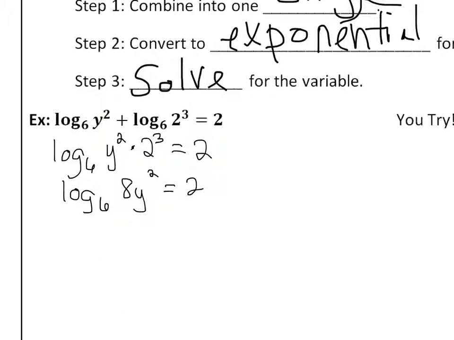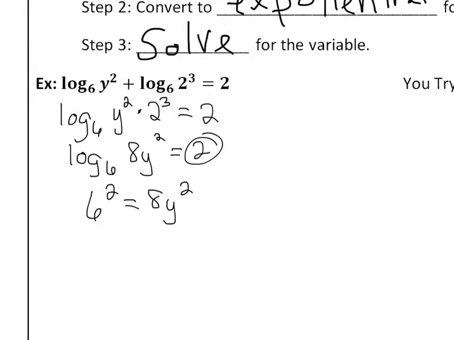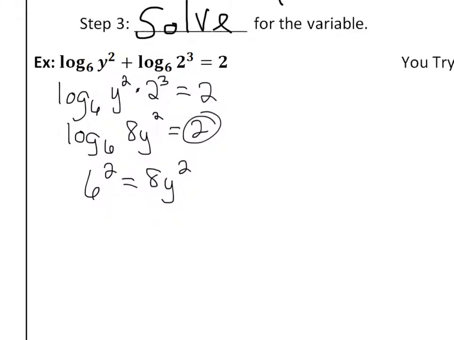So now we change it into exponential form. So we go base, which is 6 squared for this over here, equals 8y squared. Well, 6 squared is 36. To start solving for y, we're going to divide by 8, which is 4.5.